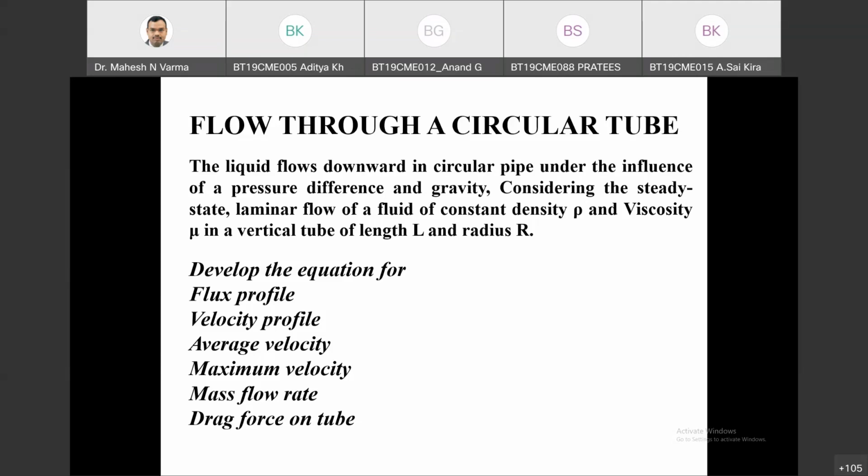Okay, everybody has taken down this problem. Just think over this problem. Now we'll start with the given data.